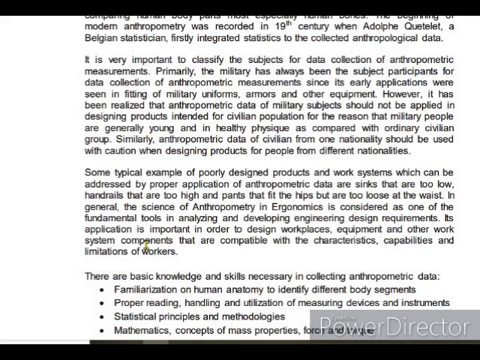So in general, the science of anthropometry in ergonomics is considered one of the fundamental tools in analyzing and developing engineering design properties. So that's why it is very important. Its application is important in order to design workplaces, equipment, and other work system components that are compatible with the characteristic capabilities and limitations of workers.